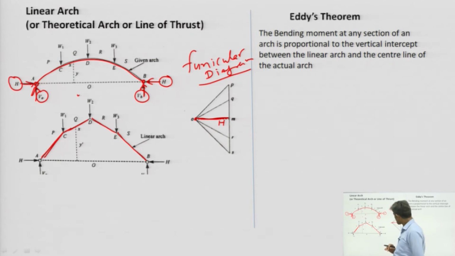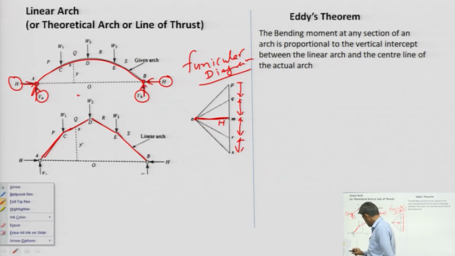So, make a horizontal line taking point O as a focal point, and place the loads W1, W2, W3 here.